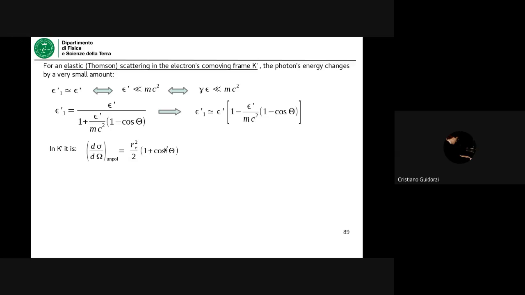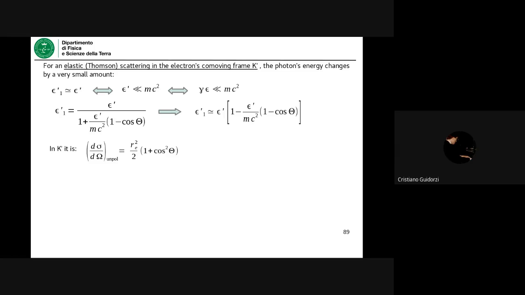It means that, apart from a factor of 2, if you consider the two extreme cases when cos squared is 0 or when it is 1, there is a factor of 2 at most, a difference between any two possible directions. So within a factor of 2, any possible scattering direction is equally probable.